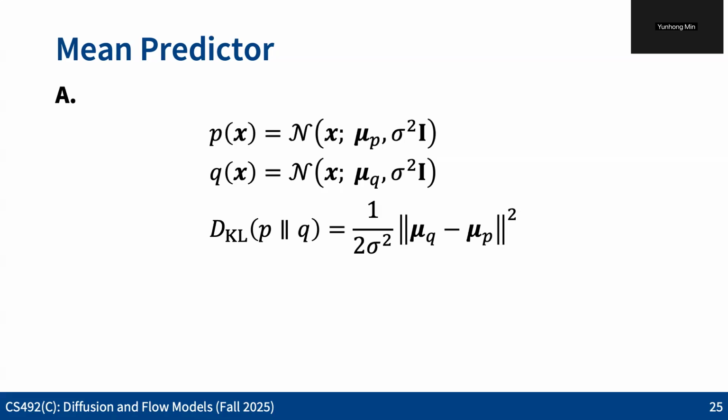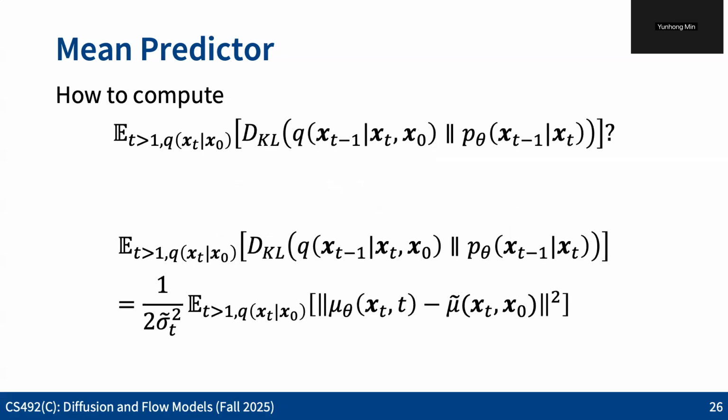We are computing the expected value for the arbitrary time t and also the x0 and the sample of the xt, right? Given the sample of the x0 and the xt, at training time we are able to compute the mean of this distribution. Then we model this reverse transition distribution as a Gaussian, and we just need to minimize the L2 difference between these two means here.